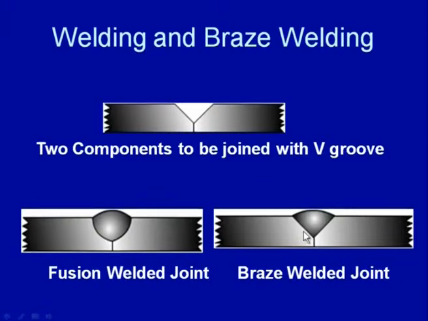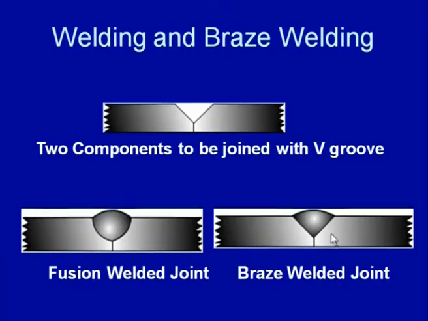So, this specific feature, where limited heat is applied to increase the temperature of the base material but not to melt it, results in a number of advantages which will be described in subsequent slides.